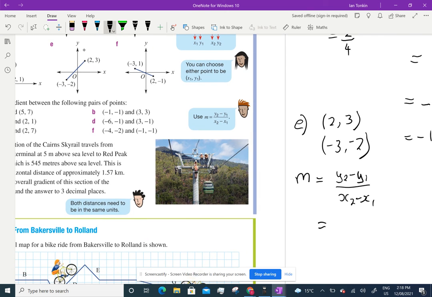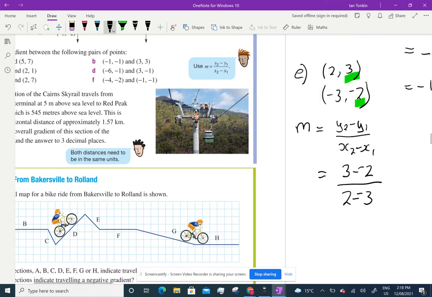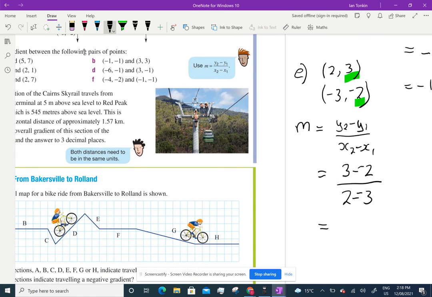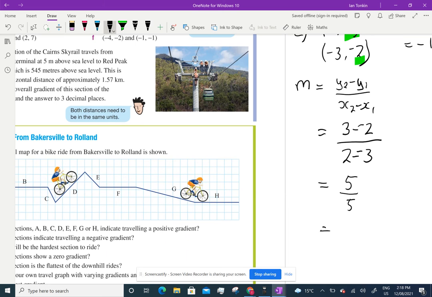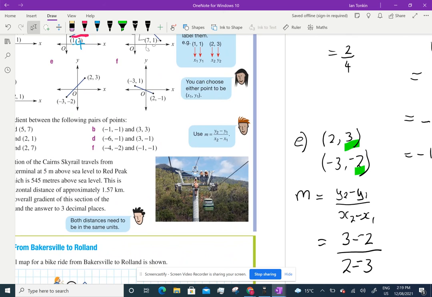Okay, and you do this on your calculator, 3 minus -2, they're the y values, over 2 minus -3. Please use your calculator. 3 minus -2 is 5. 2 minus -3 is 5. 5 over 5, gradient 1. Look back at the diagram. Well, that makes sense. It's going up. It has a positive gradient. And I didn't even have to worry about that.